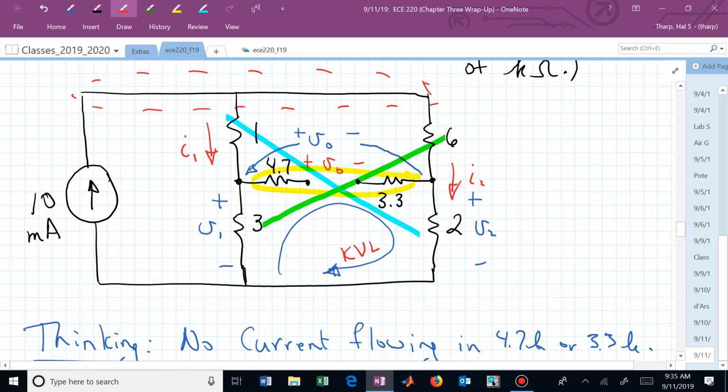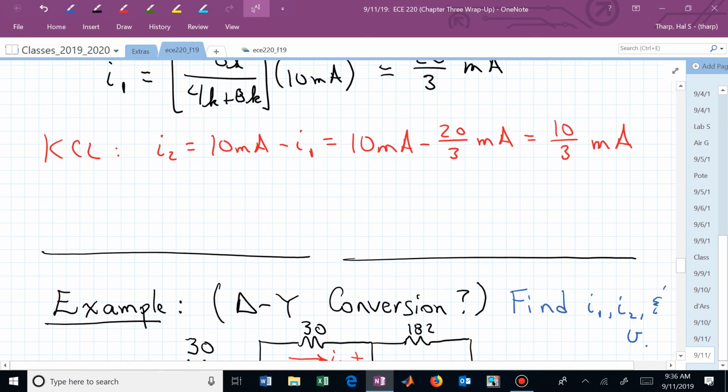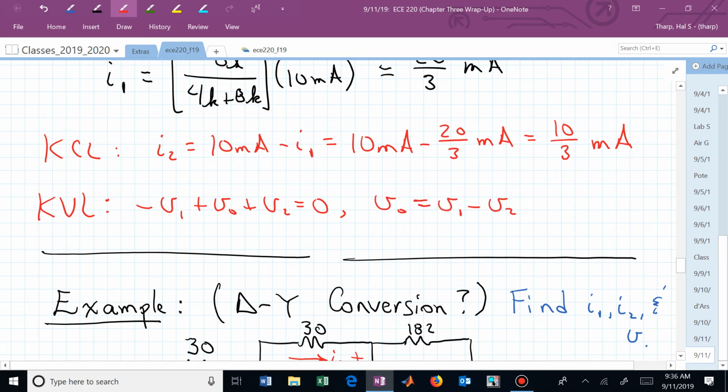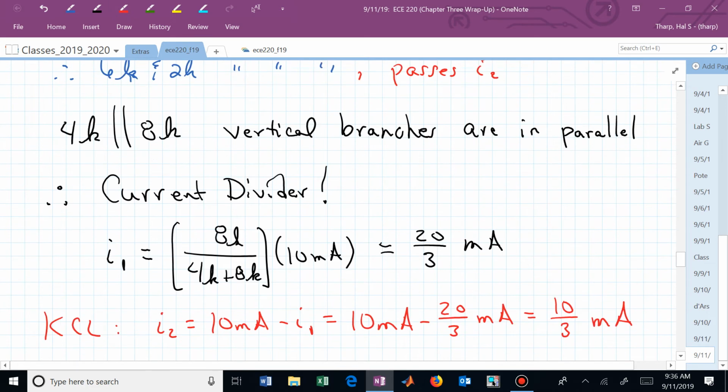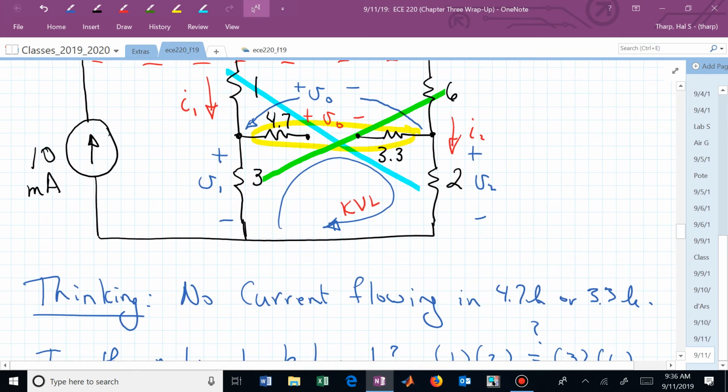We have minus V1 plus V0 plus V sub 2 equaling 0. Or V sub 0 is now V1 minus V sub 2. And what's V1? Now the K's and the M's cancel because we are doing Ohm's law.